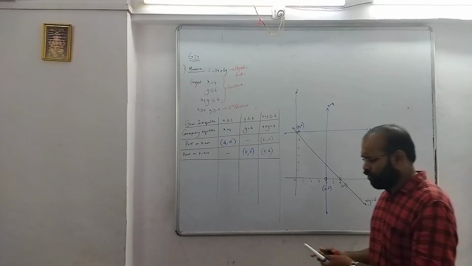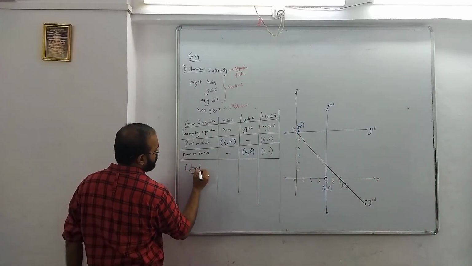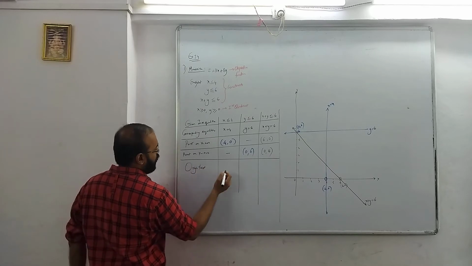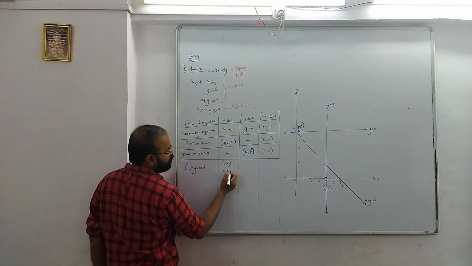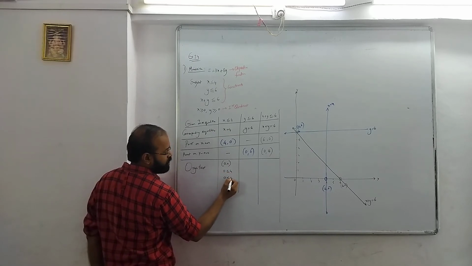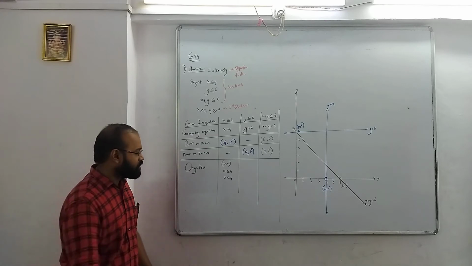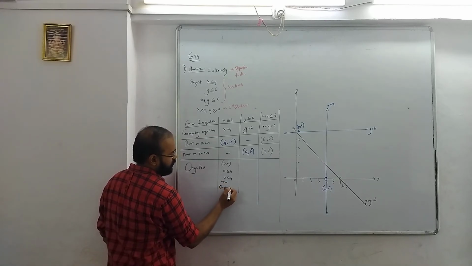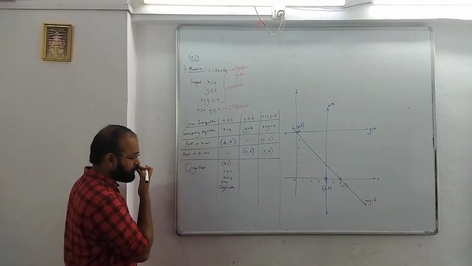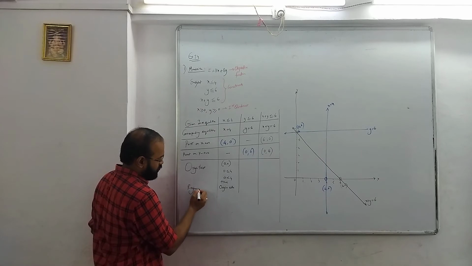Now let me go for the origin test. In the origin test, I put (0, 0). Is 0 less than or equal to 4? Yes, so the answer is true, and we go for the origin side.